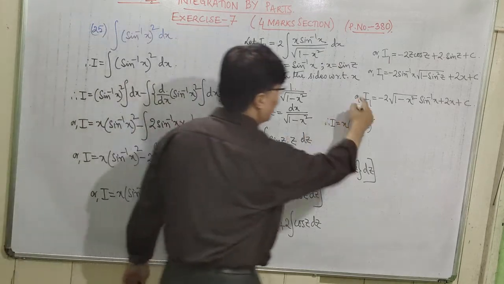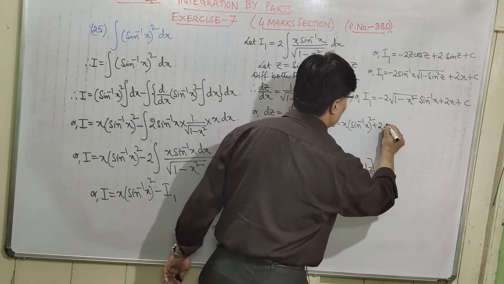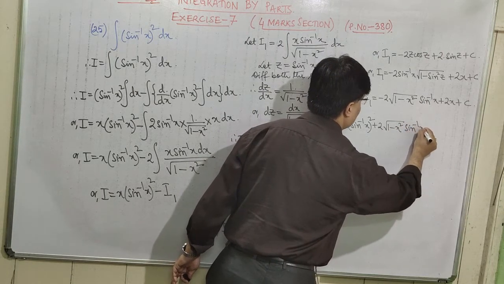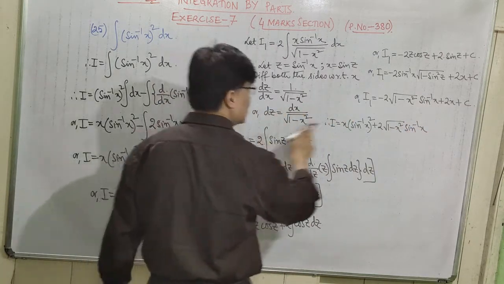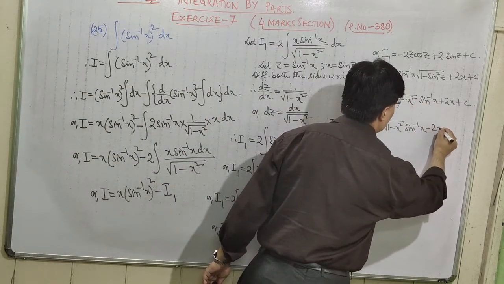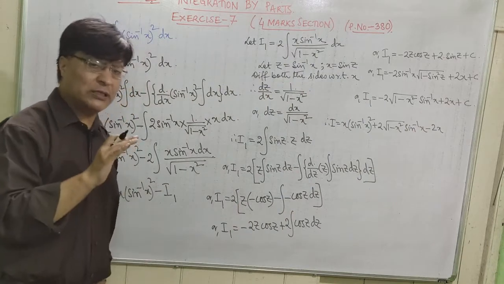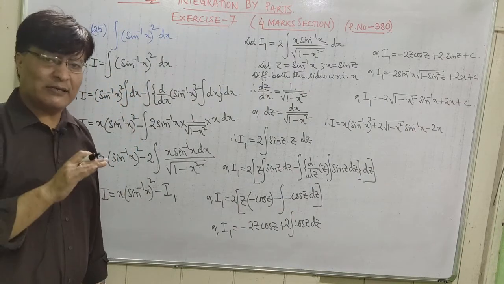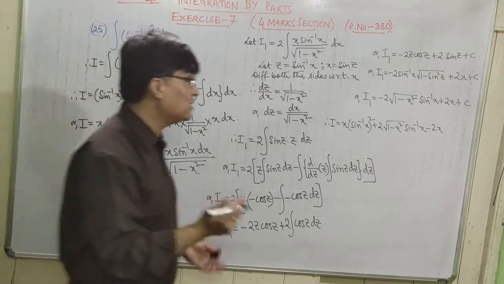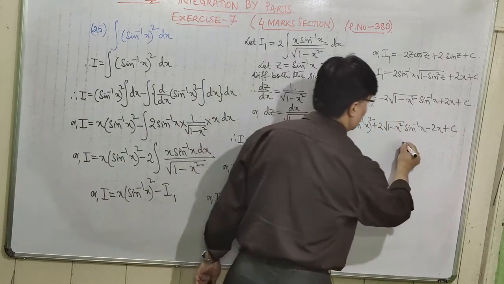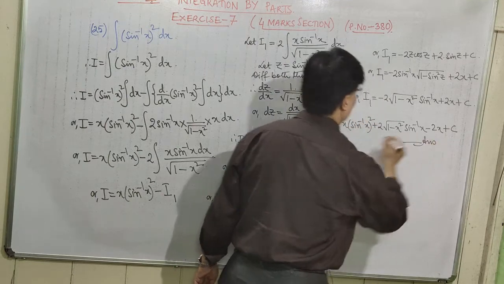So minus into this minus plus 2 root over 1 minus x square sine inverse x. Then minus into plus minus 2x. Actually this will be minus c, isn't it? Because of that minus. But you can write plus c because minus c and plus c are same. That is your constant, isn't it? So you can write here plus c. So this is the final answer.